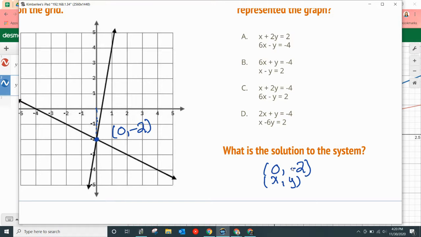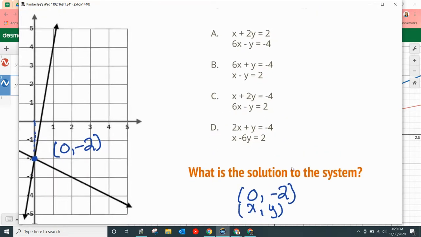Like what we did yesterday when we were solving the first one in our notes. I plugged that point back in to prove to you that it was the solution to the system. So if any of these equations actually represent that system with that solution, we should be able to plug in 0 for x in all of the equations and -2 for y and get a true statement. So let's do that. That's probably going to be the easiest way.